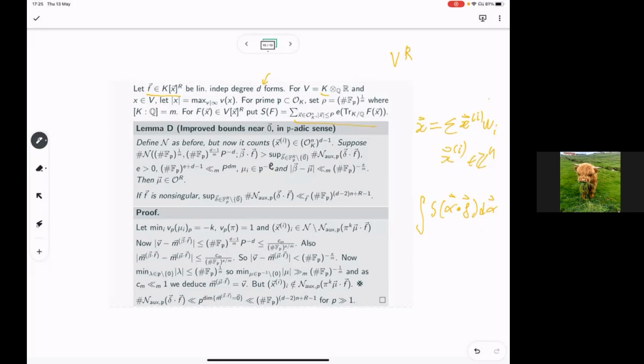So in this setup, you get essentially the same conclusion, with everything being denominated in terms of the size of the finite field instead of the size of the prime.